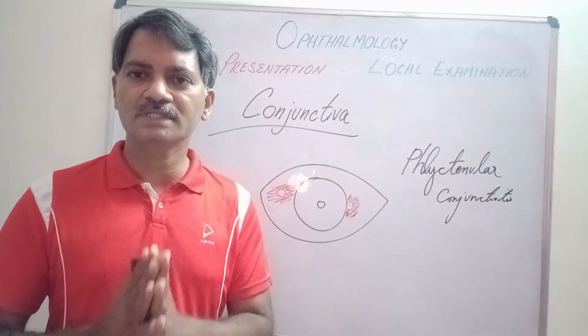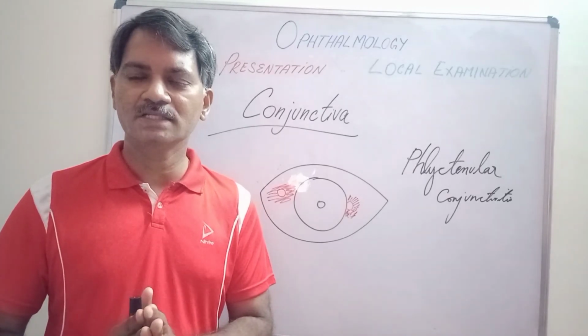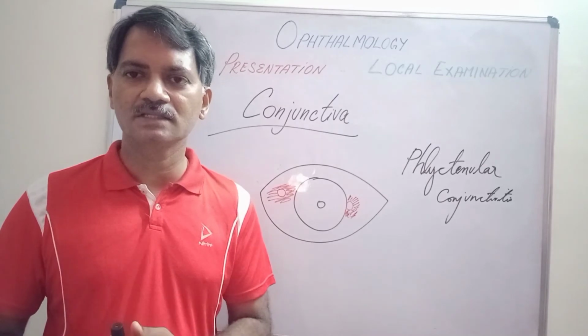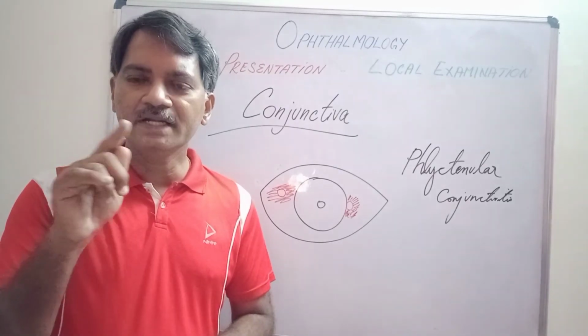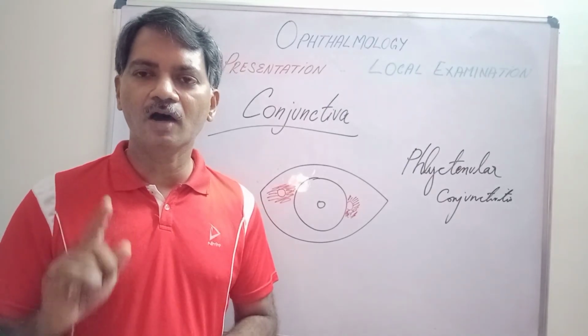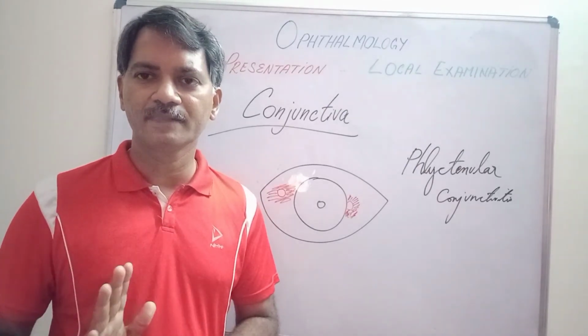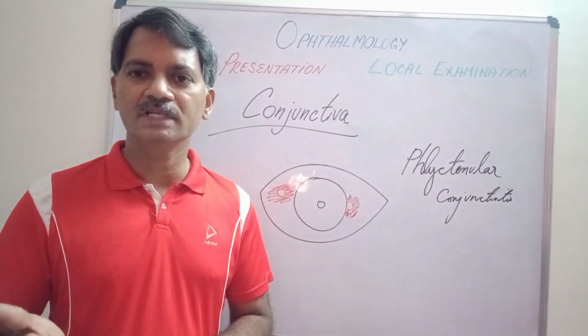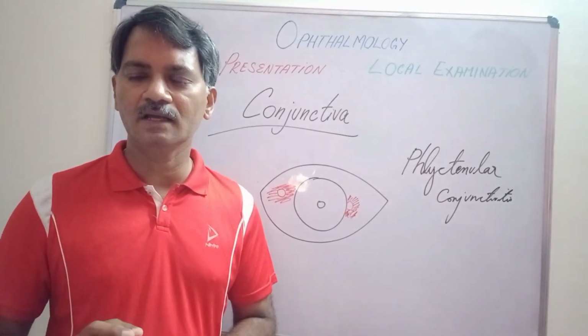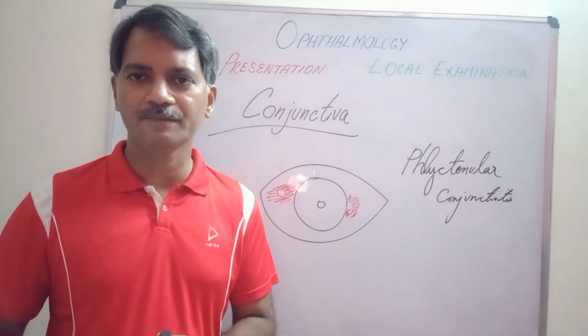A patient will present with lacrimation, that is watering from the eyes, and itching. There will be a whitish nodule close to the cornea, or exactly at the limbus. Sometimes it may involve the cornea also. If it involves the cornea, there will be pain and photophobia.